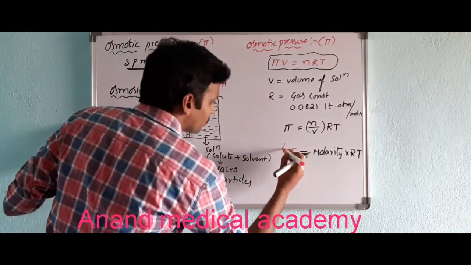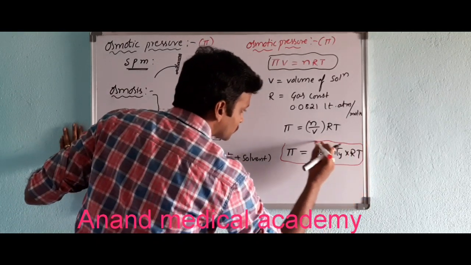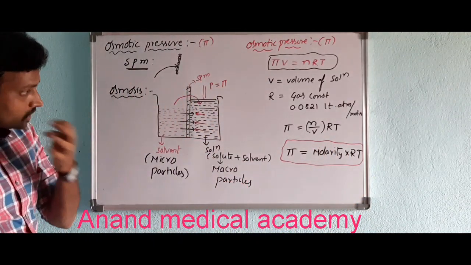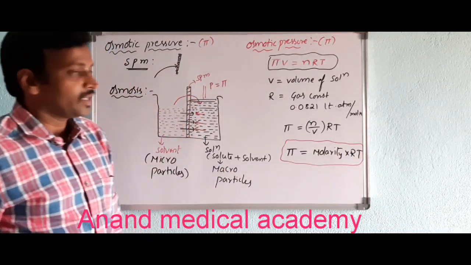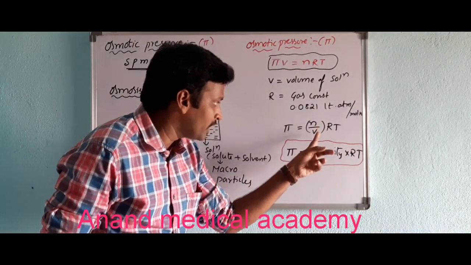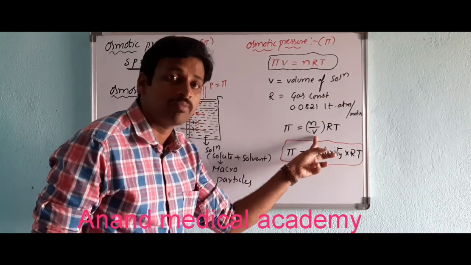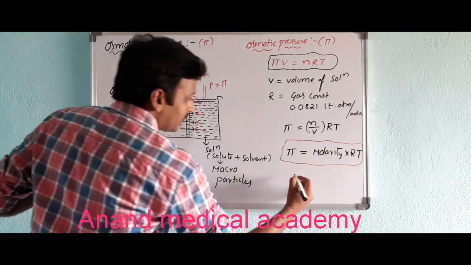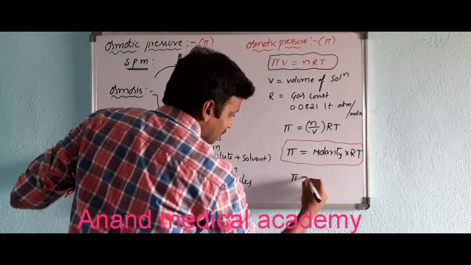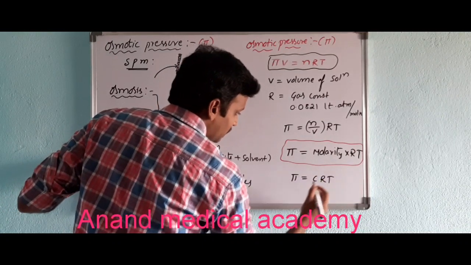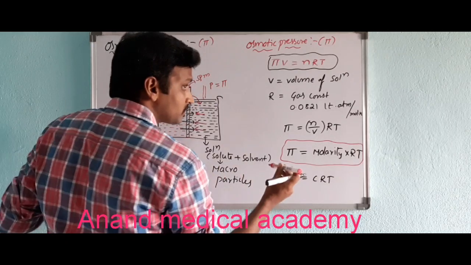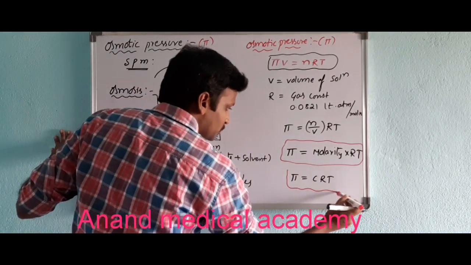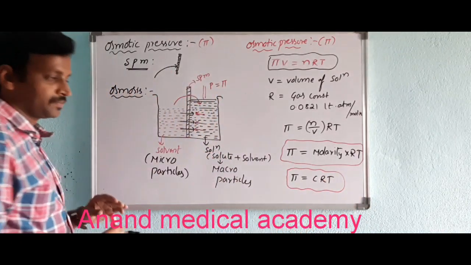This is the main important formula for us. Commonly you can write pi equals CRT.